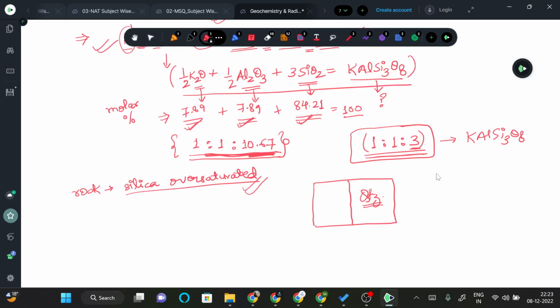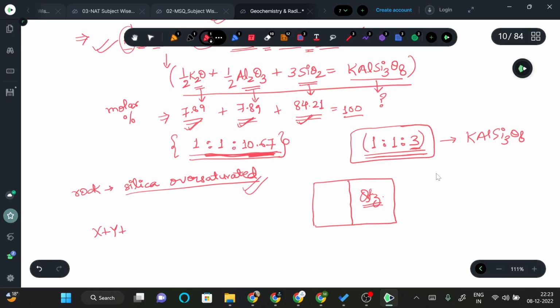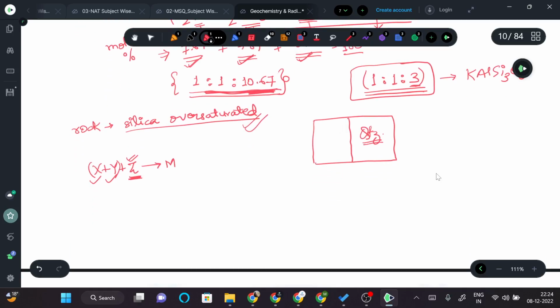Now here what will happen is when you have such kind of thing, let's say x plus y plus z producing m. Now if z is more than what is required, x and y will get consumed first. This will get fully consumed and still z will be left. So this is actually known as limiting reagent.